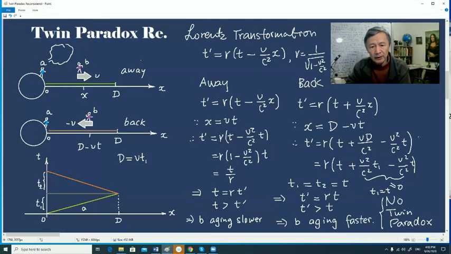I hope this reconsideration of the twin paradox will give you some new insight into understanding Einstein's special relativity, where both time and space are interconnected, interrelated.